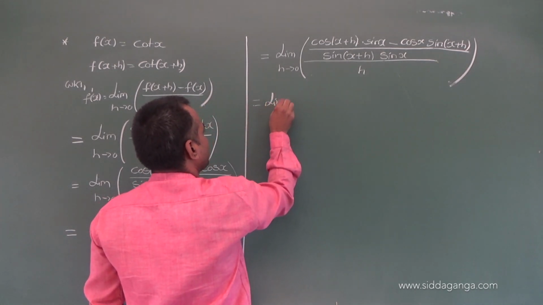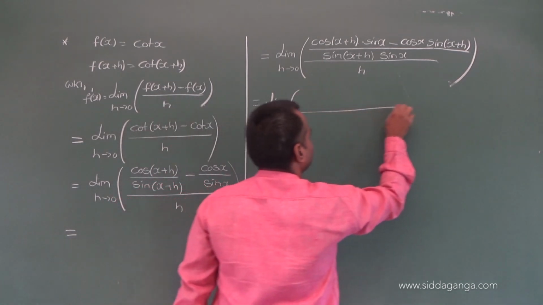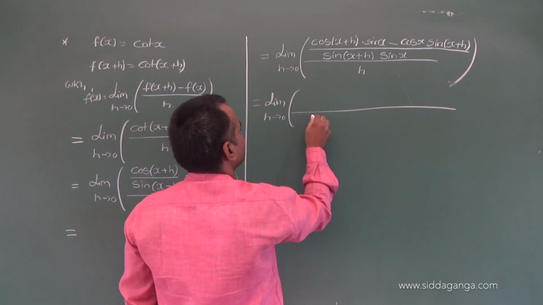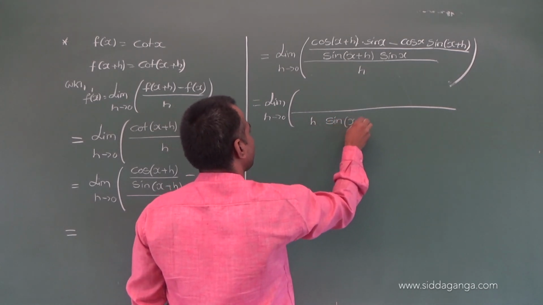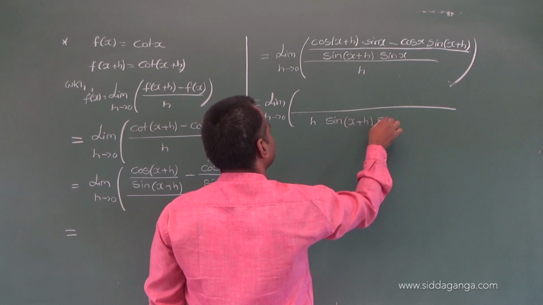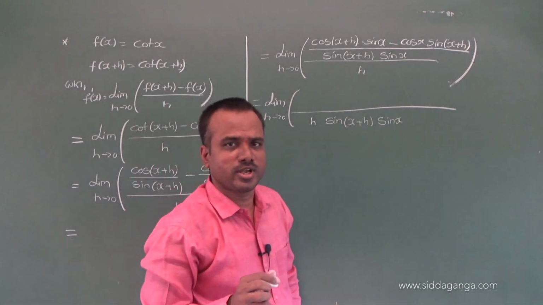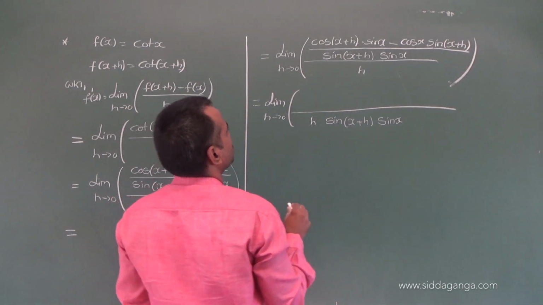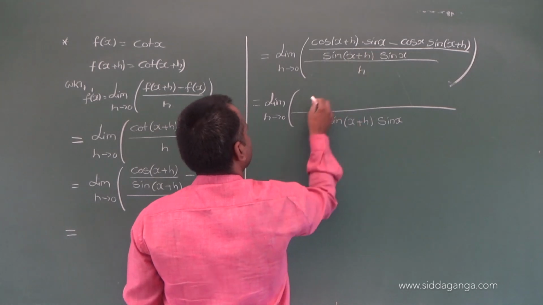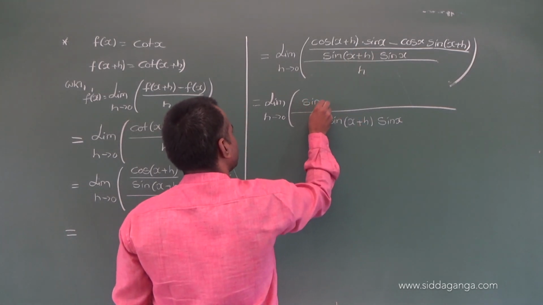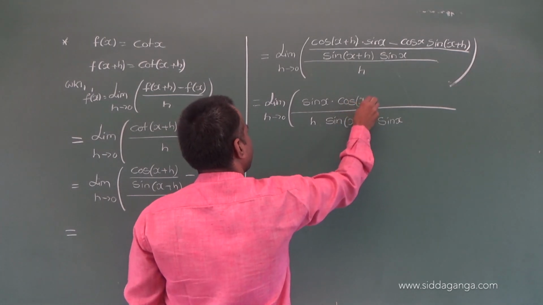Limit h tends to 0, over sin(x plus h) into sin x. So in the numerator, first I write cos(x plus h) into sin x, and sin x into cos(x plus h).